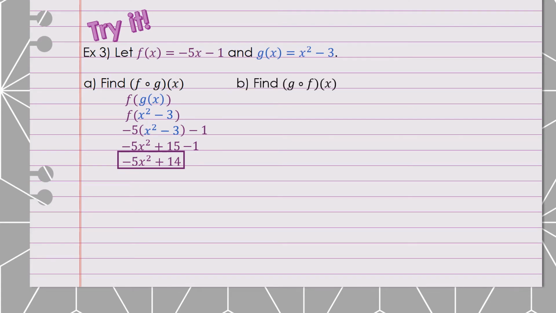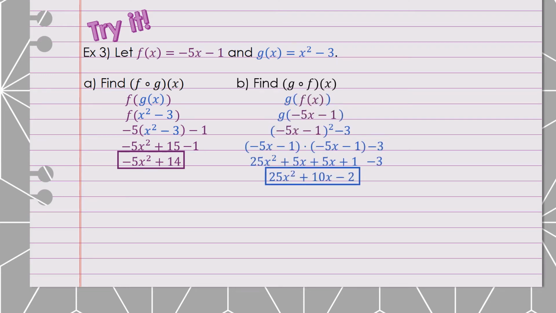Part B. Find g composed of f. Again, this is your try it problem. Hopefully you found g composed of f to equal 25x squared plus 10x minus 2.